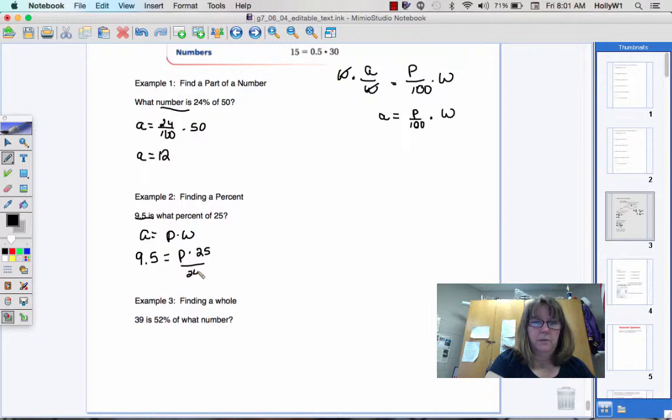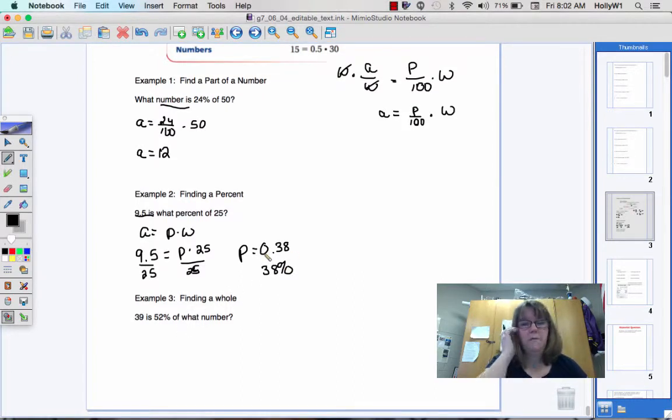Divide both sides by 25. We end up with P is equal to 38 hundredths. Do not stop here. The question asked what percent, so make sure you convert that into a percentage. I will take points off on the quiz if you do not convert it into a percent. Answer the question that's asked.